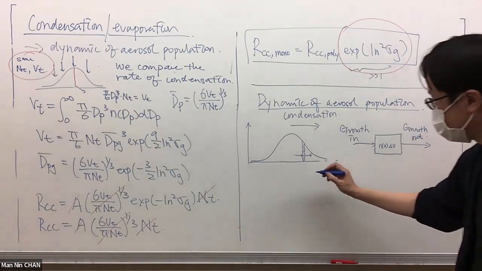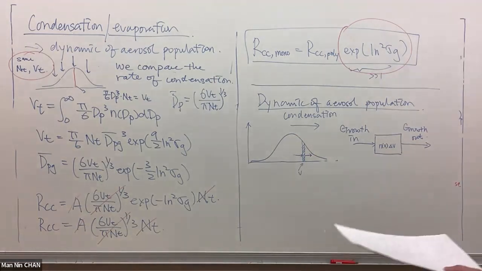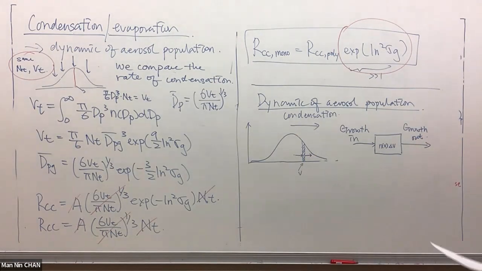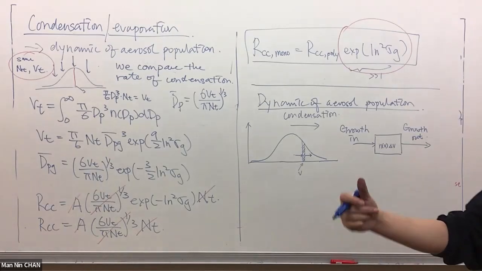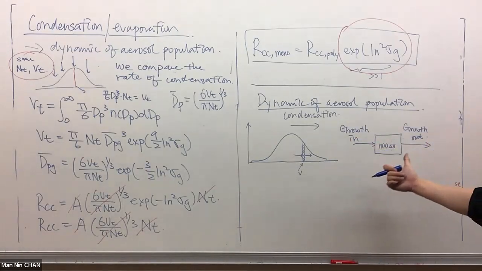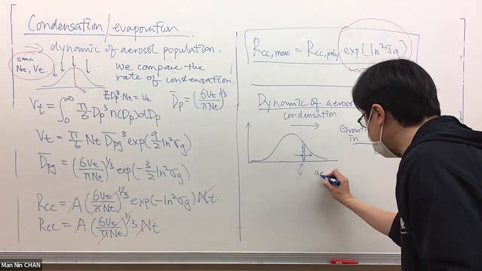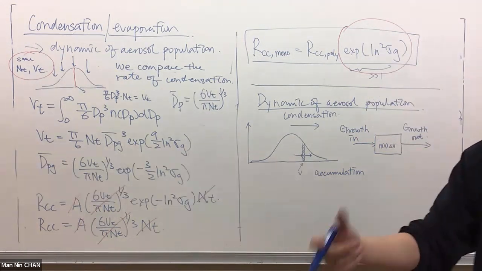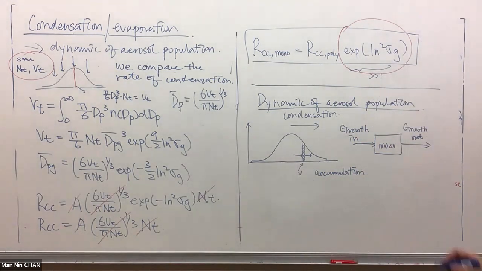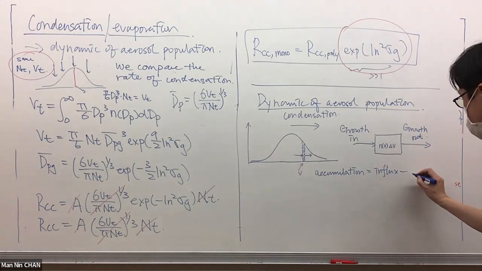So therefore, for a given size bin or a certain volume, if you want to look at the concentration with time, we can just do the mass balance. You have something going in and something going out. You can also look at the accumulation, the number concentration change with time, presented in another way as the influx minus the outflux.